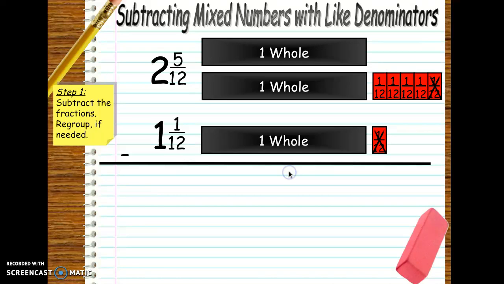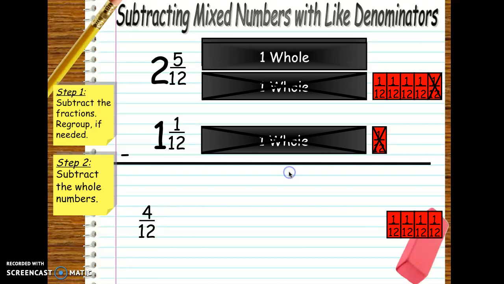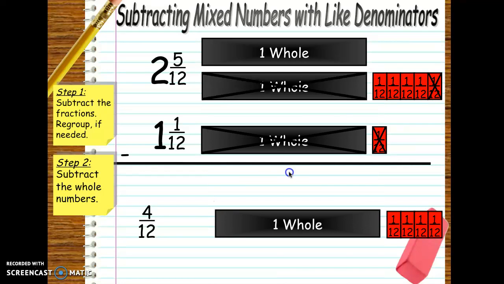We're just going to focus again on those numerators, subtracting 1 from 5, and we're left over with 4, keeping our denominator the same. We have 4/12. Now we're going to focus on subtracting our whole numbers. So we're going to be subtracting 1 whole from 2 wholes, and what we're left over with is 1 whole number.